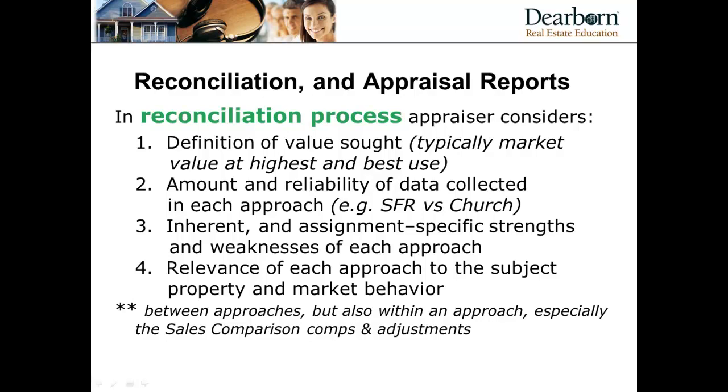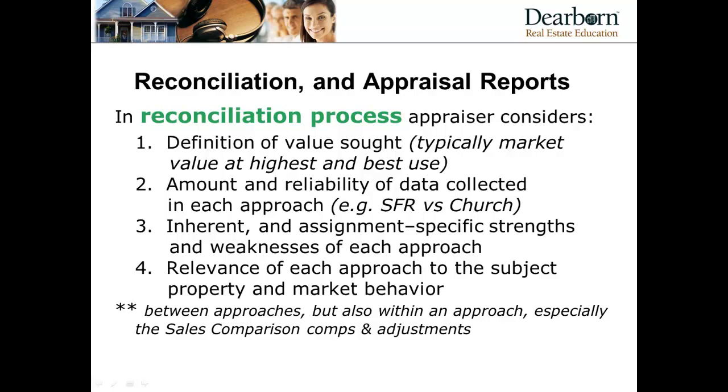So you need to judge how similar and how reliable the comparable transactions you found are, and also the adjustments you've had to make. Some adjustments are typical and used all the time, like the price per square foot, where you could have a fairly large degree of confidence.